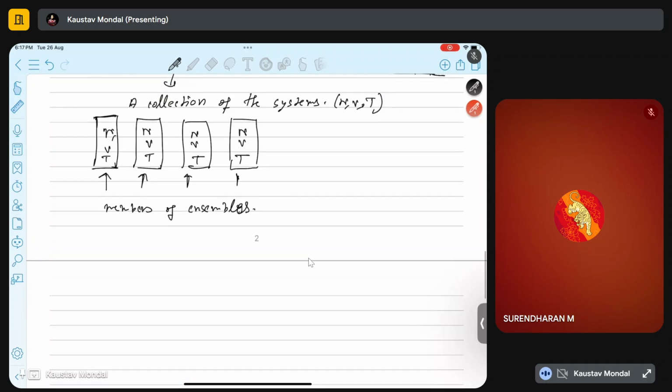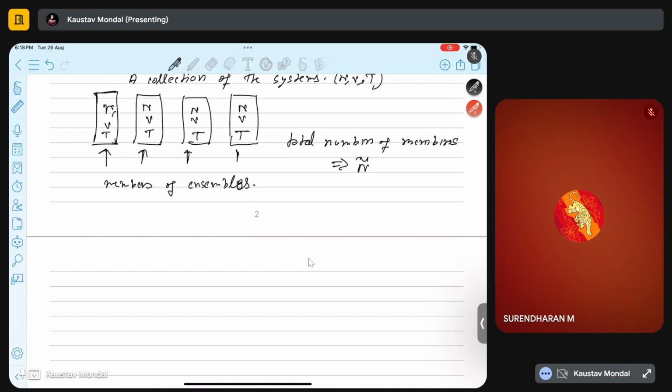Now suppose the total number of members is N tilde, and the total energy of the whole ensemble is E tilde.